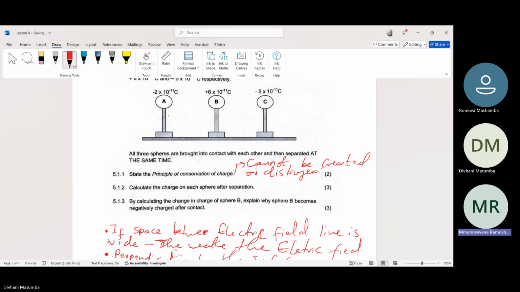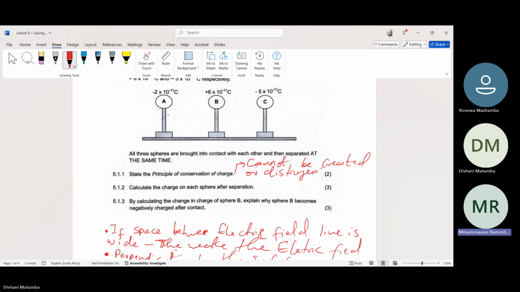An insulator is the one that prevents the flow of electricity through it, and a conductor allows for the flow of electricity through it.